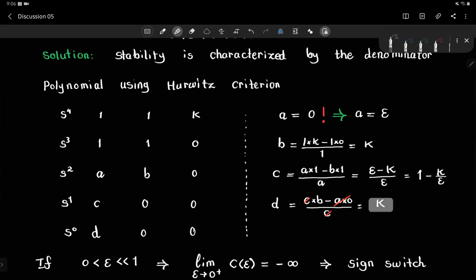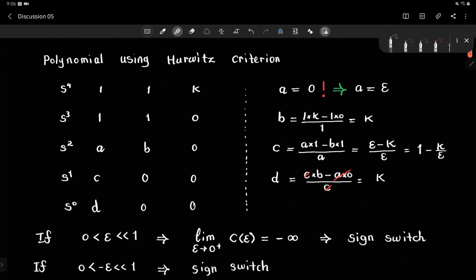K being positive already dictates that this term is going to be negative, because K is positive and epsilon is positive, and we have a negative sign. Moreover, because we take the limit as epsilon goes to 0, this term C will go to negative infinity. So we will get a sign change.